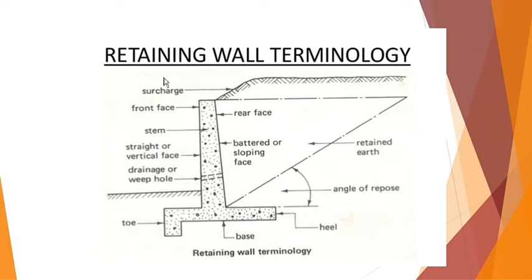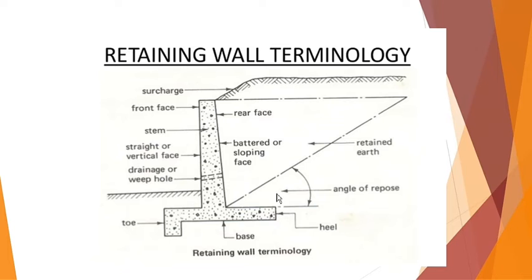So that will contribute to the surcharge load, and the surcharge load will indirectly affect the lateral earth pressure which is acting on the retaining wall. So we will be discussing the surcharge load later on in some of the questions.